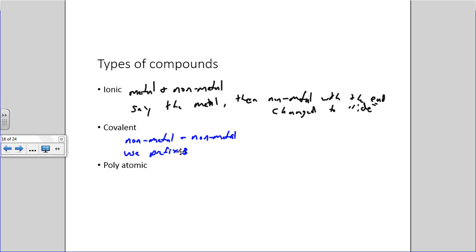I will provide those to you on the test, so you don't have to worry about coming up with those off the top of your head. But anyway, you're going to use prefixes, and then you're also going to end in "ide" still.